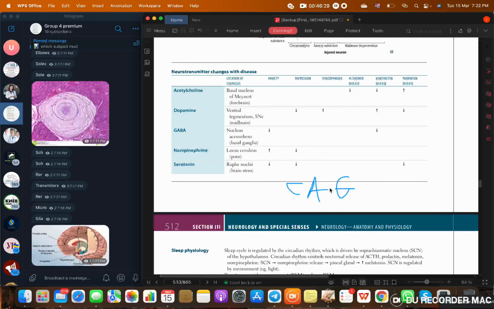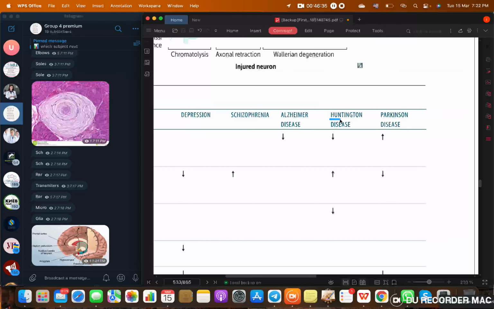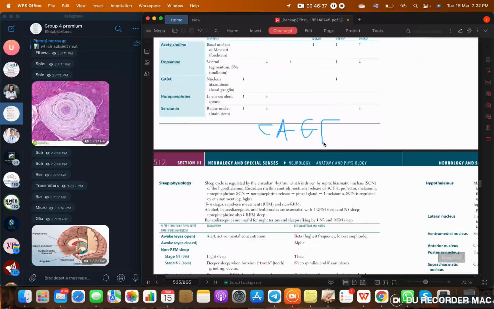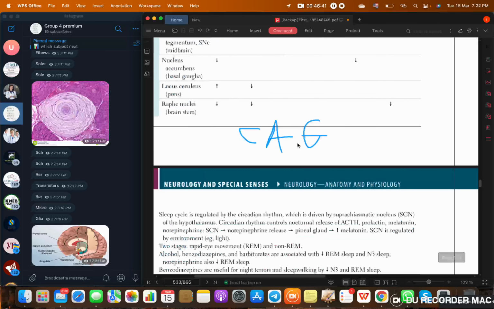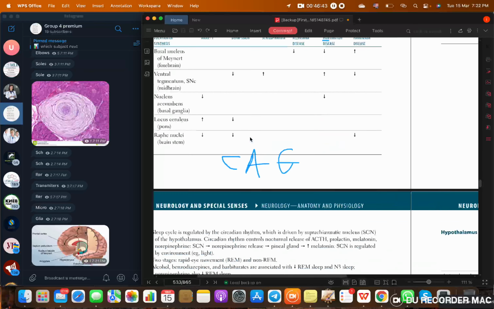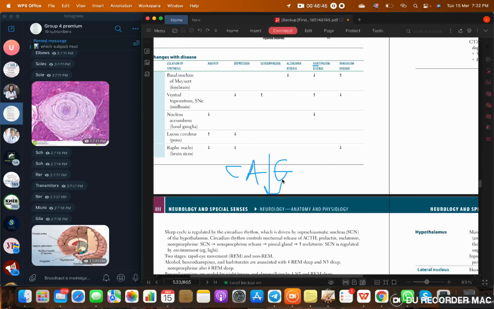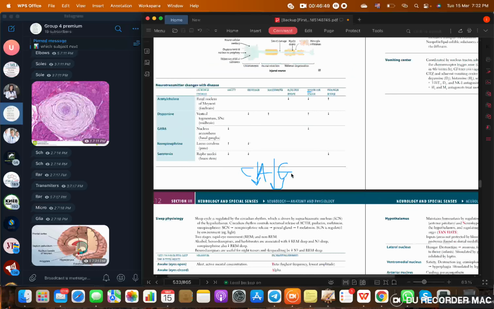This was the trinucleotide repeat expansion. I just remember it because in Huntington disease, you hunt and then you put it in the cage, okay? So CAG. In this patient, they had reduction of acetylcholine and reduction in GABA.